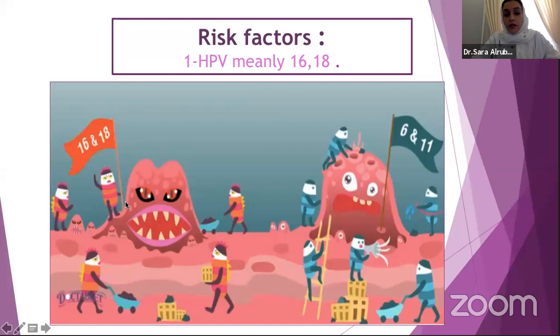Then they integrate themselves inside the DNA of the cell and convert the cell to a precancerous and cancerous lesion. In comparison, types 6 and 11 don't have the high affinity to displace the security system, so even if they do some damage in the cell, they don't have the ability to transform it into a cancerous cell or precancerous lesion.